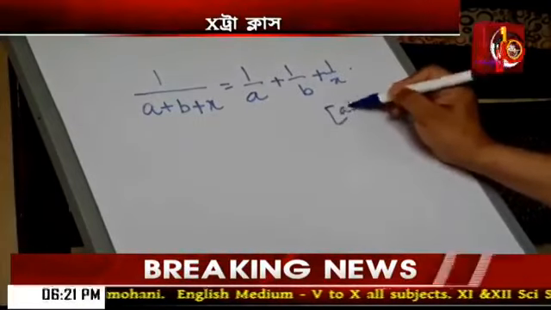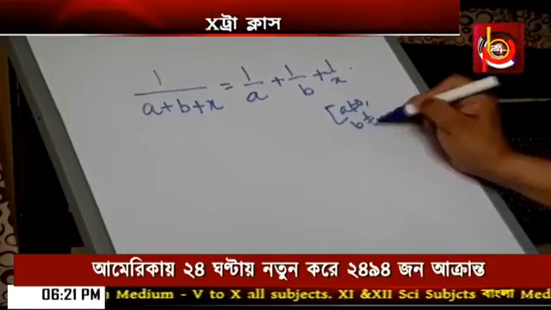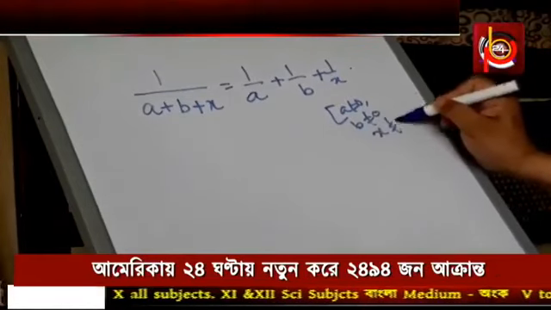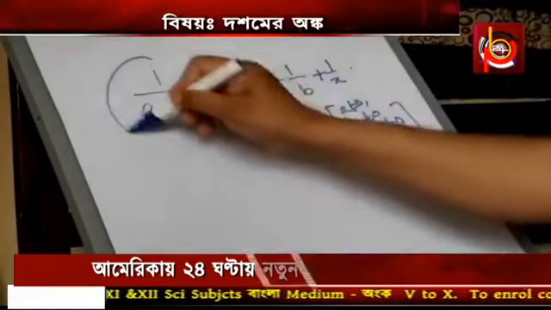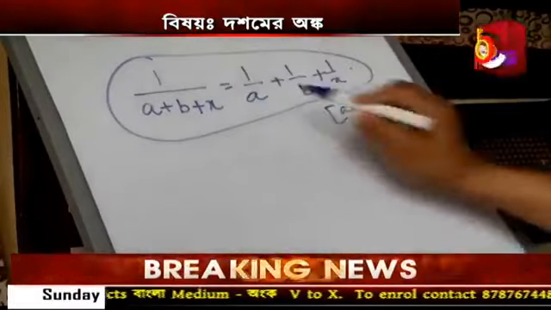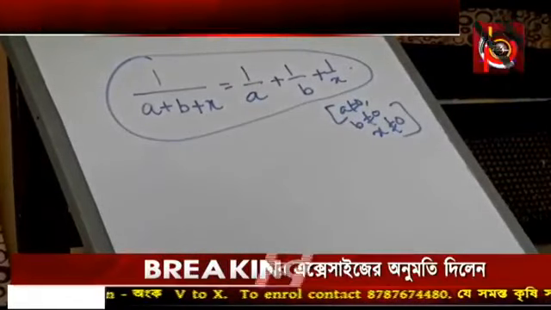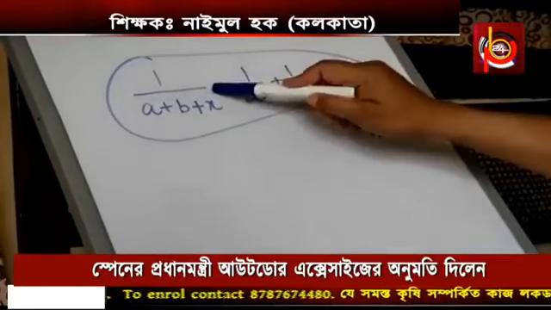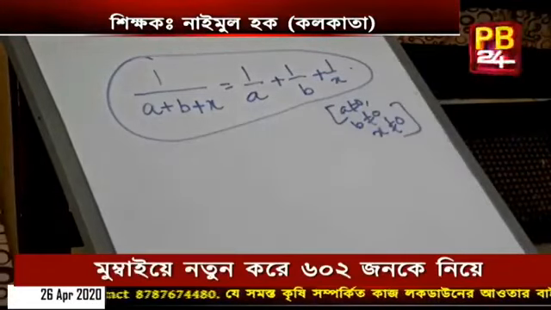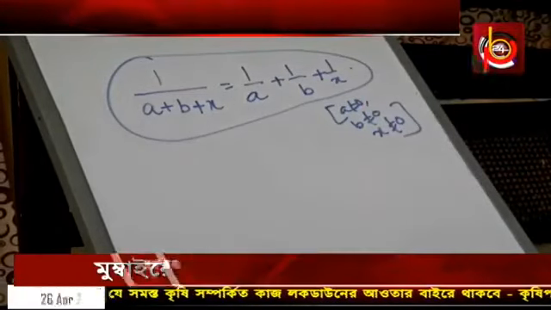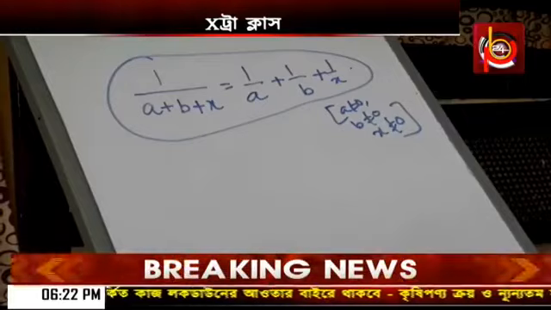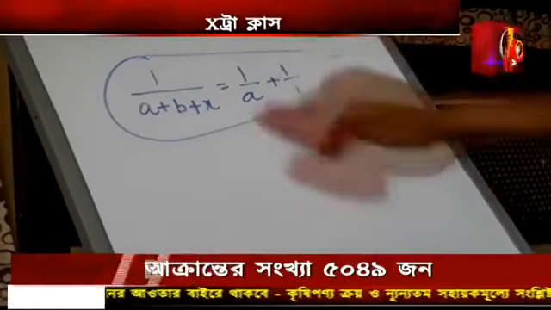This is very important. a not equals to 0, b not equals to 0, and x not equals to 0. I am not going to solve this sum, because all of you know that you will bring this thing over there and you can solve the problem very easily.